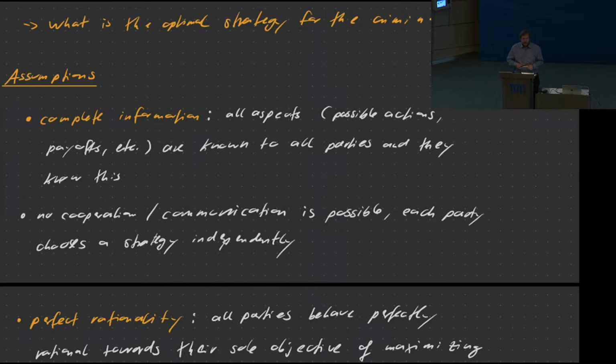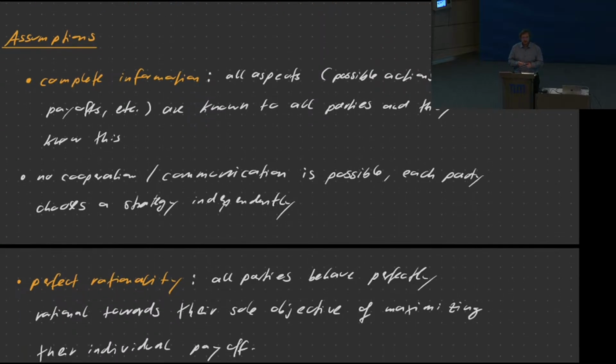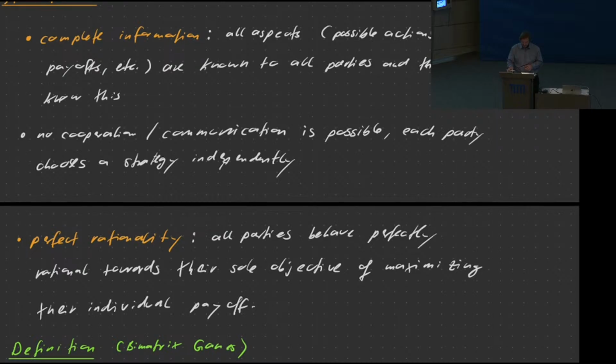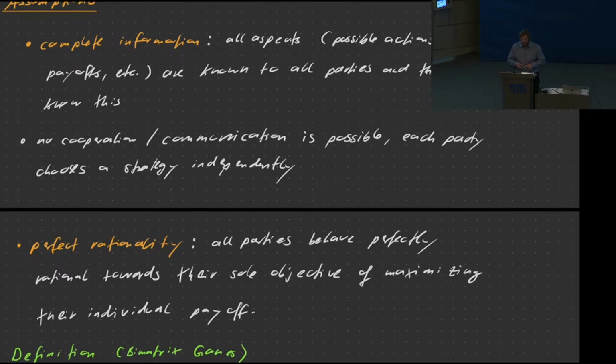Also, no cooperation is possible. So in other words, you can't change the game. Each party chooses one of the available strategies completely independently of what the other does. They can't talk to each other. And they can't decide to change the rules. Yeah, those are set. And finally, we assume perfect rationality.